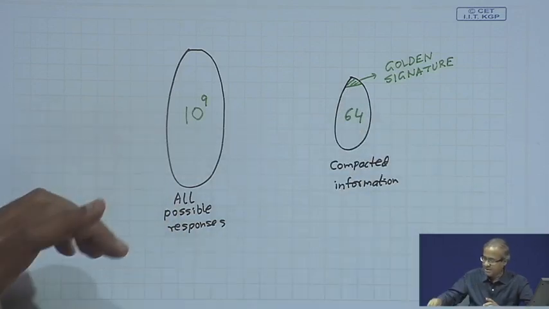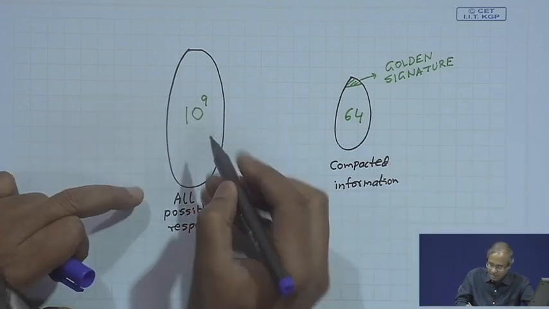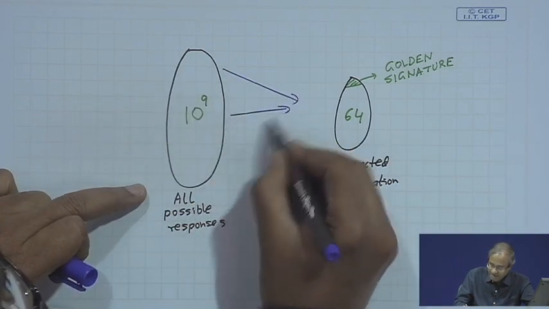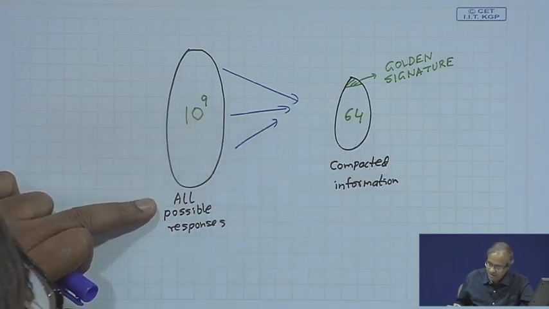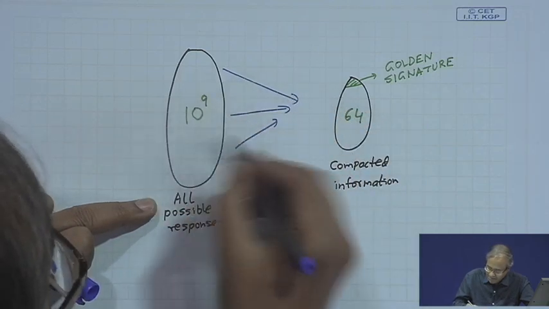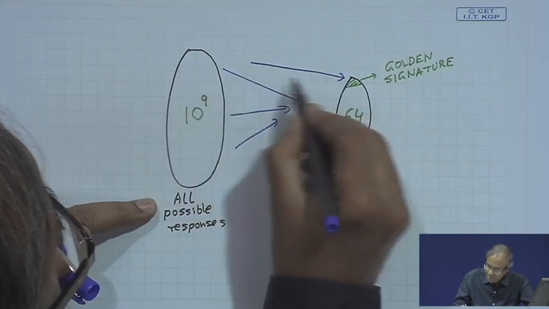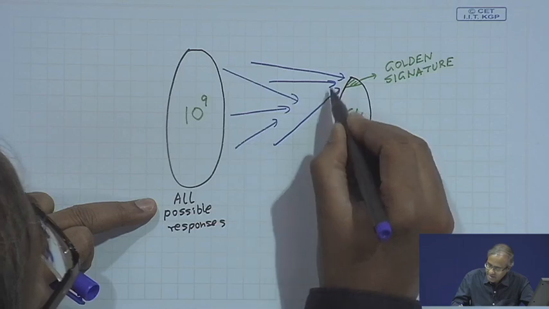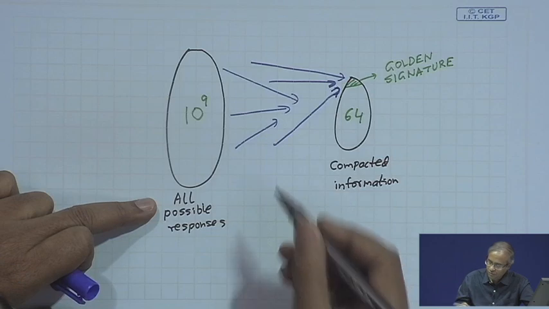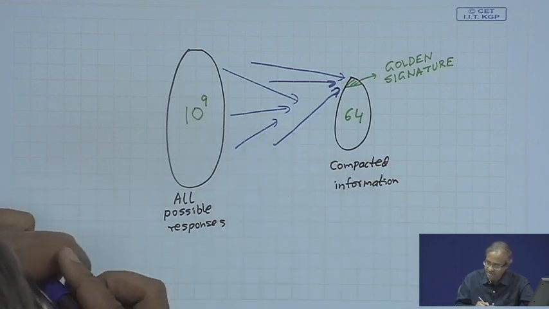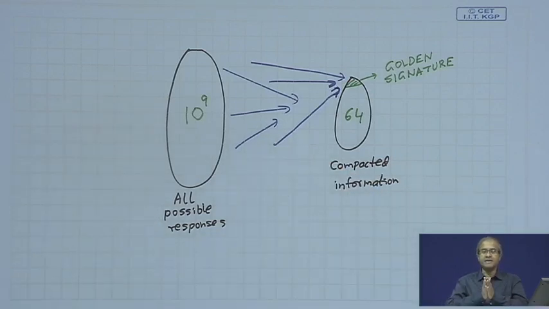But the problem here is, because I am doing a very heavy many to one mapping, 10 to the power 9 things are getting mapped into 64 things, even many possible responses might get mapped into the same golden signature. So, some errors might get mapped into the golden signature, and those faults will go undetected. Yes, we accept that, because we are doing compaction, some faults will go undetected, but what is the probability of that, we shall evaluate that later on.